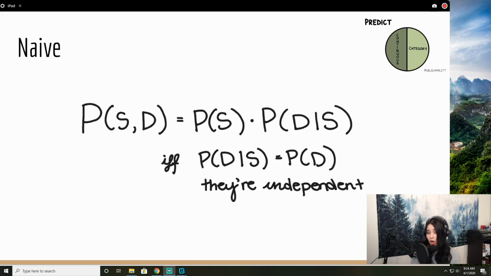Now this makes our math, and therefore the computational efficiency, a lot better, because when we calculate the probability of someone being a smoker and being diabetic, now all we have to do, because we're assuming there's no relationship, is to multiply the probability that they're a smoker times the probability that they're diabetic.